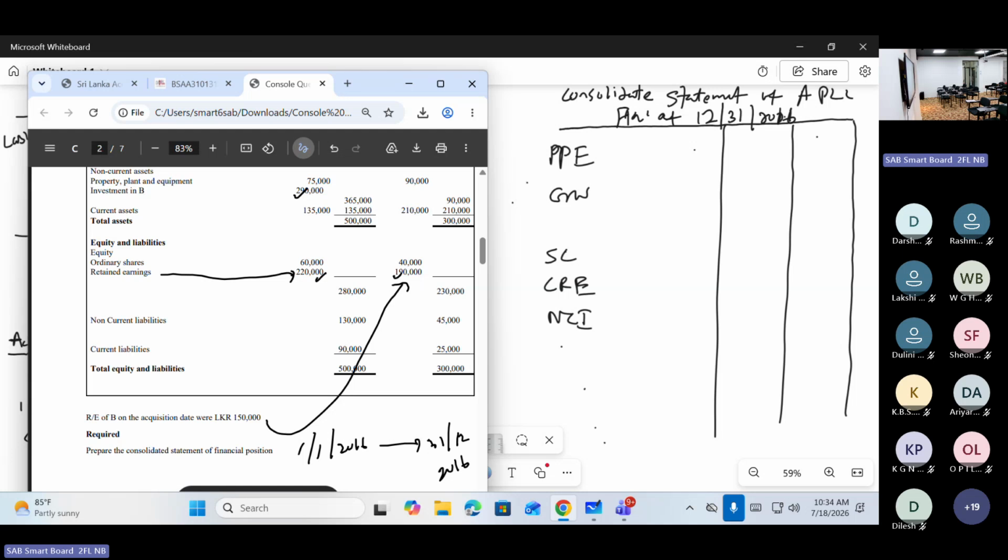At the year end it is 190, the opening retained earnings are 150, so the profit during the period is 40. 150 plus 40 is 190. You can see it in the balance sheet.